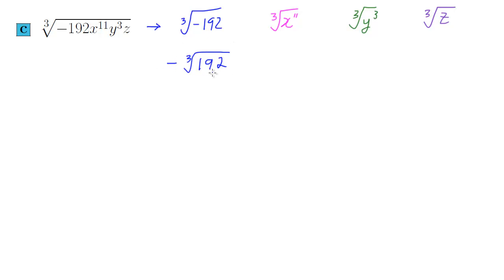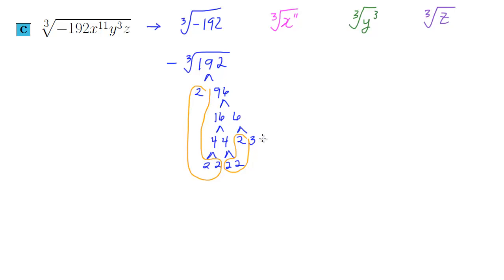Now we have to factor down 192. So let me write my factor tree for 192. Okay, so there's the factor tree for 192. Since we're dealing with cube roots, we have to go ahead and circle groups of 3. So here's 3 2's. Here's another 3 2's. And then there's still a 3 left on the inside.